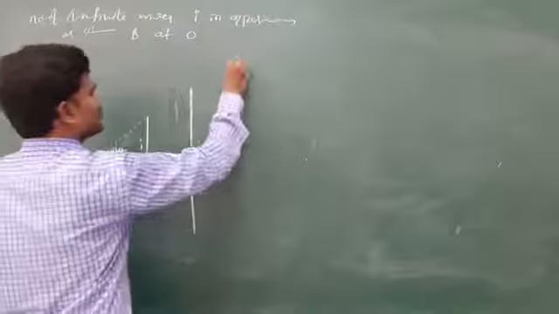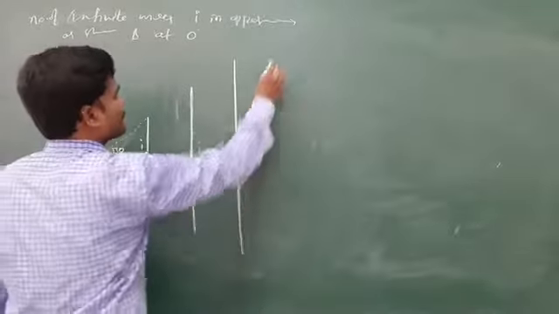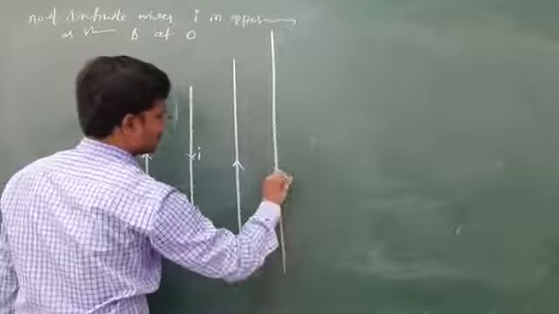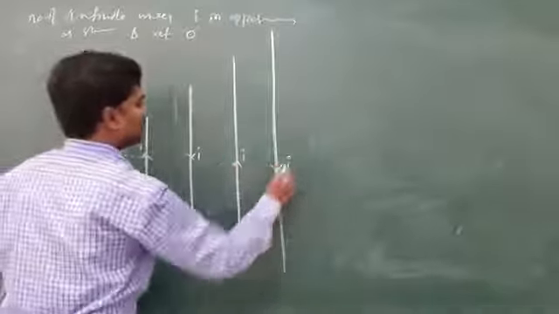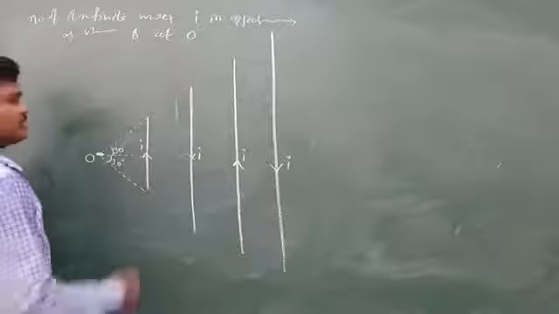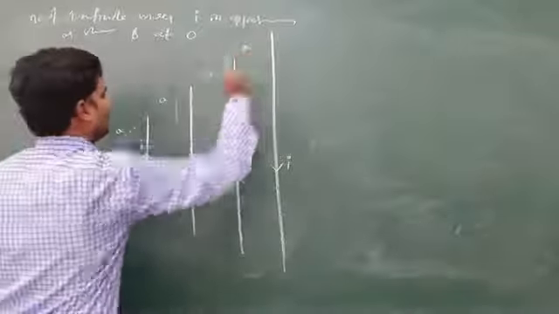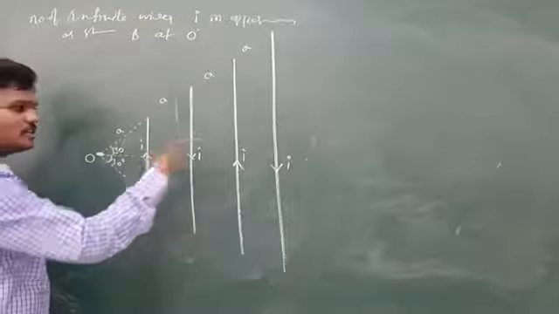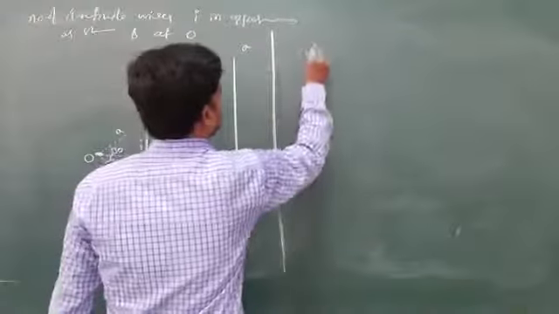And one more wire. Infinite number of wires again carry current I in opposite directions. So the gap between them is given as A. Now our target is to find the field due to all these wires at this point. So this moves to infinity.